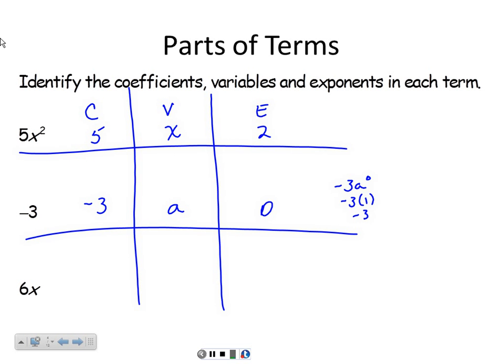So if you don't see a variable, it has an exponent of 0. And for this one, you have a coefficient of 6. Your variable is x. But now when you do see a variable, your exponent is understood to be 1. So if you don't see a variable, the exponent for the variable is supposed to be 0. If you do see a variable, your exponent is 1.